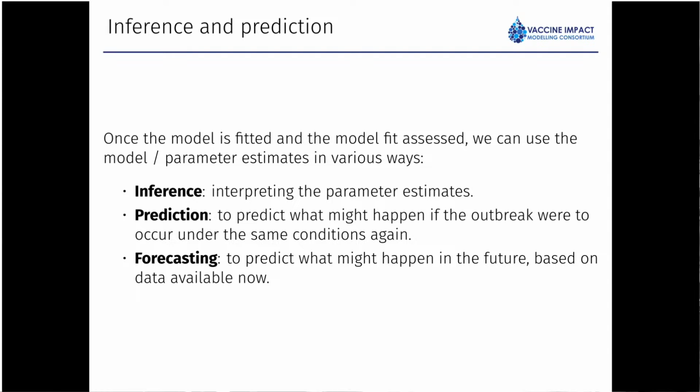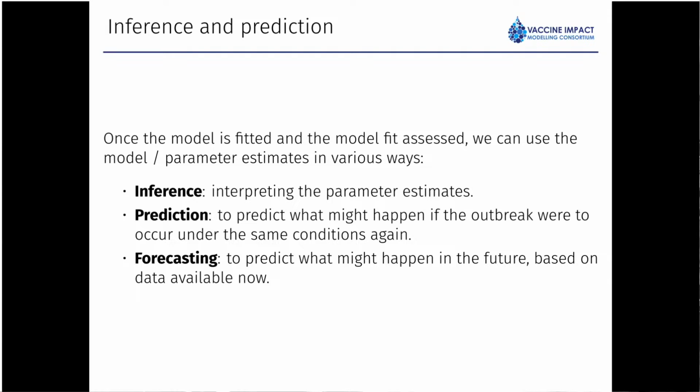But once we have a model, and we've fitted it, and we've got parameter estimates, then we can use that model for different things. So we can use it for inference, i.e. we can look at the parameter values and try to interpret them in some meaningful way. And we can generate uncertainty estimates either through confidence intervals or credible intervals, things like that.